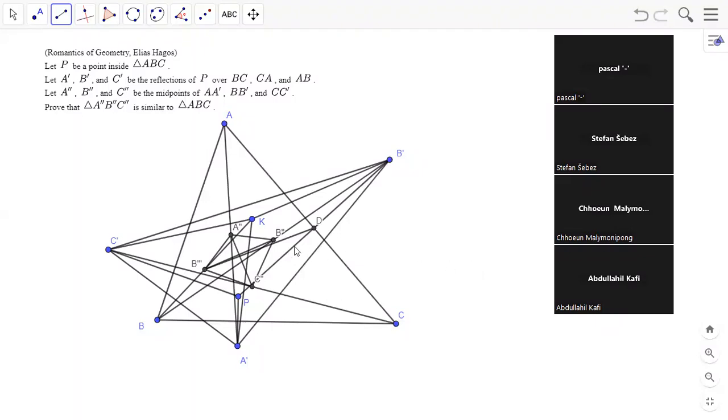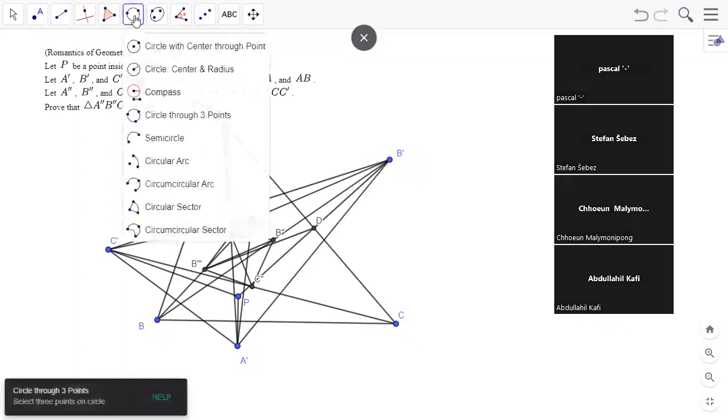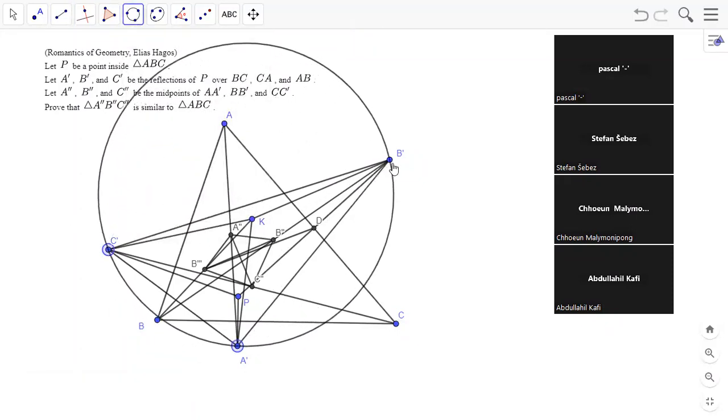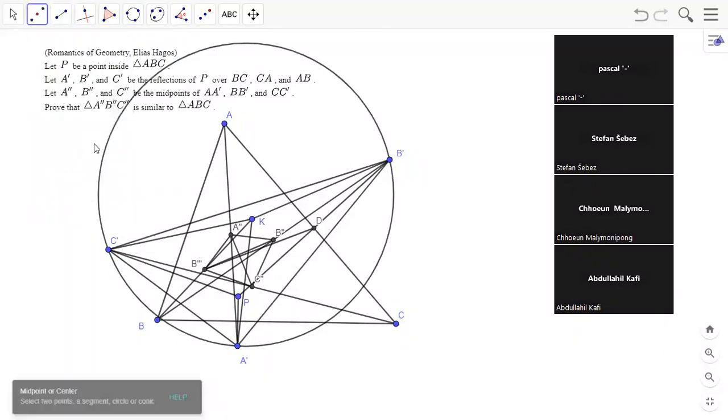Basically, if you reflect this over this, then that over that, you're supposed to get something similar. I'm just curious what the circumcenter of this is, because whoever created this problem may have been trying to use isogonal conjugates.